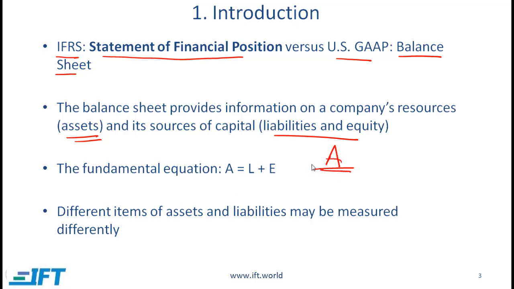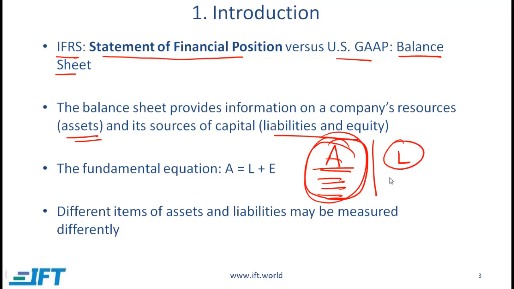The assets, typically shown on the left side of the balance sheet, tell us what resources a company has, and obviously we need to account for where these resources came from. That accounting comes on the right, in the sense that the money for these assets either comes through debt or equity.